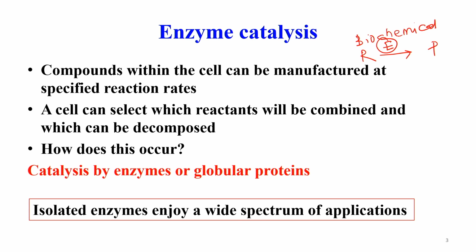A cell can select which reactant will be combined and which can be decomposed. So depending on the activity of a specific enzyme, they are able to perform different functions. And how does it happen in living systems? Because enzymes work as catalysts.